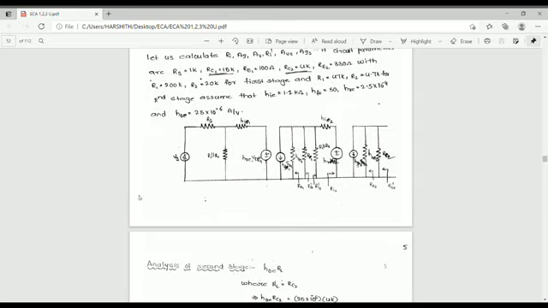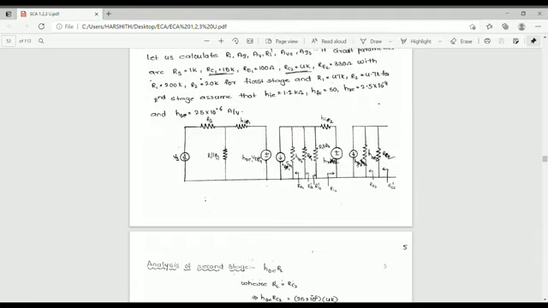first one is the voltage source. This is the voltage source and this is R1 parallel with R2, two resistors. In this, internally one resistor is there.